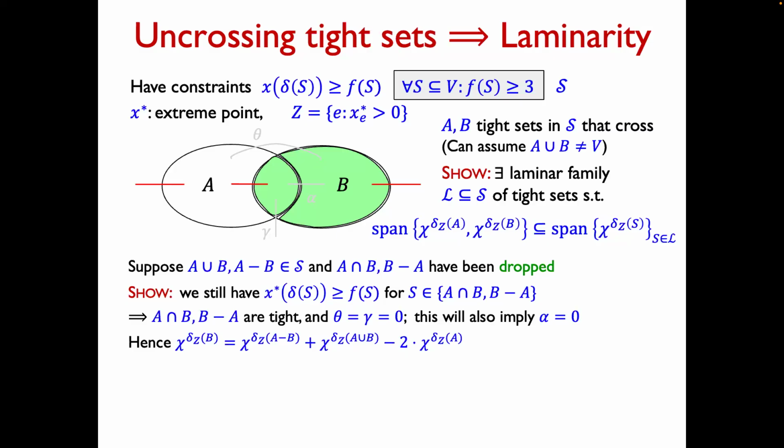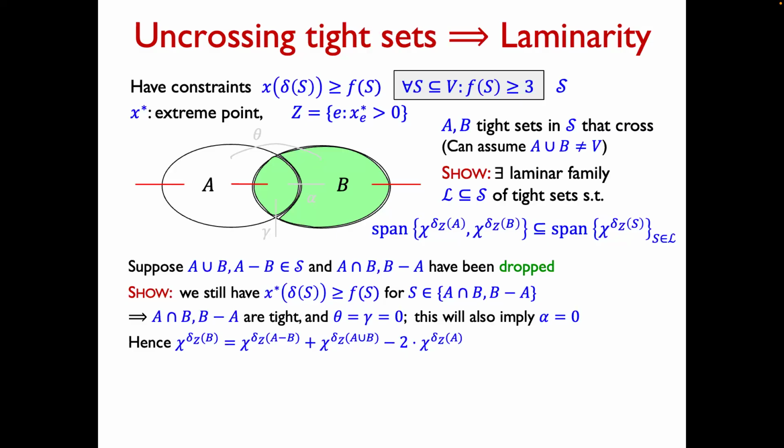There is one part I'm not sure about: if we can show this kind of uncrossing result, that whenever you have two tight sets you can uncross and get a laminar family locally for these constraints, then you can actually get a laminar family that spans all the tight constraints, and do it globally. Yes, you can do it globally.